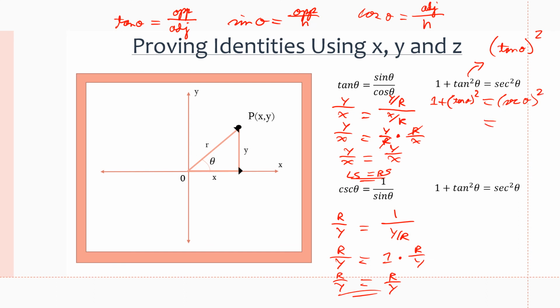And we can sub in our x and y and r values to tan and secant of theta. So tan of theta will be y over x, as we saw before, all squared, which equals secant of theta, which is the reciprocal of cosine. It's going to be r over x all squared.